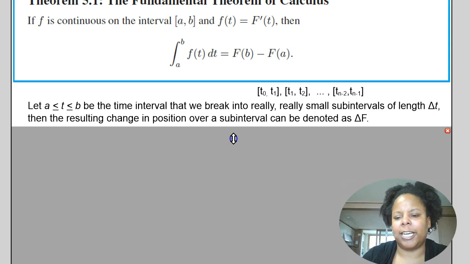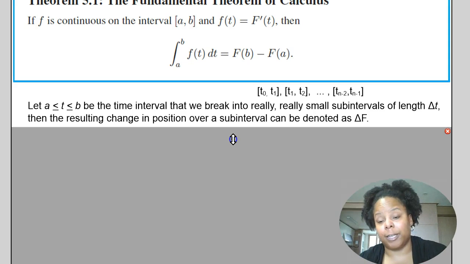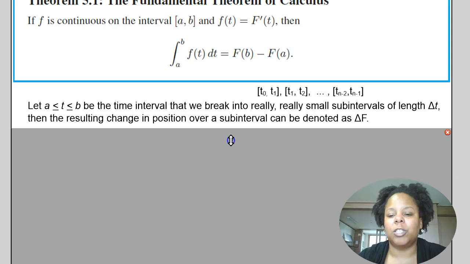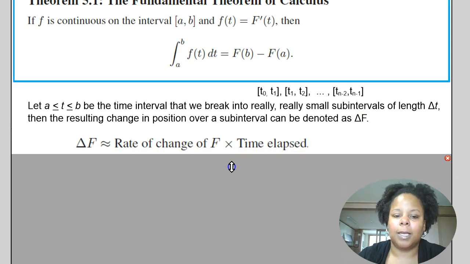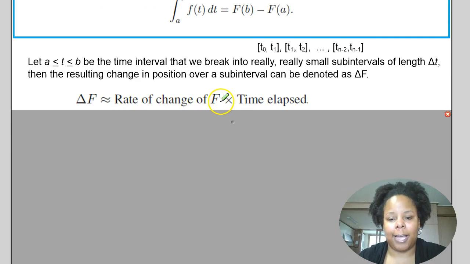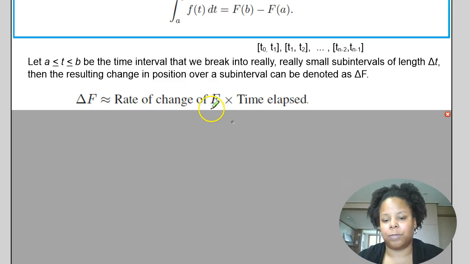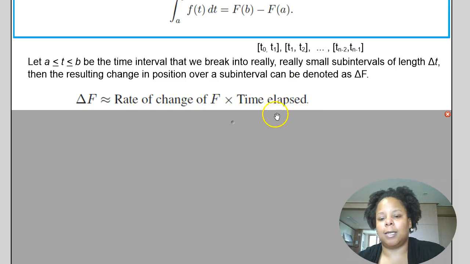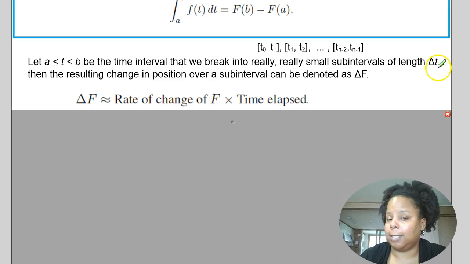So let's say that the change in the function, the big function, the position function, can be denoted as delta f. Well, what does delta f represent? Delta f represents approximately the rate of change of f, the big function, times the time elapsed, i.e. the delta t.